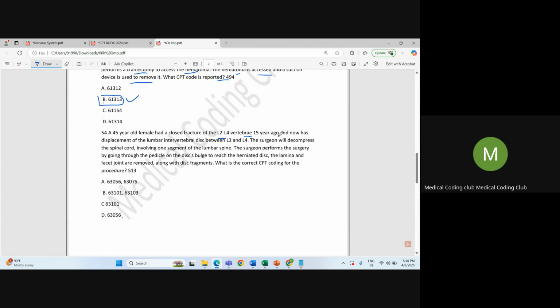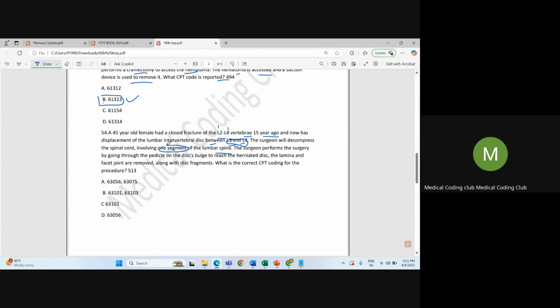She had a closed fracture on the L2 and L4 segment, in this lumbar space, and now she is suffering with a displacement of lumbar intervertebral disc between L3 and L4. So now the problem is in L3 and L4. The surgeon will decompress the spinal cord involving one segment of lumbar spine. One segment only they are going to decompress.